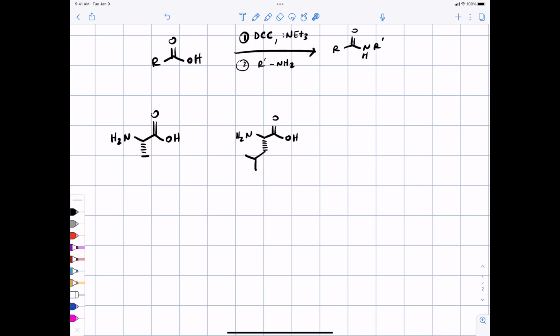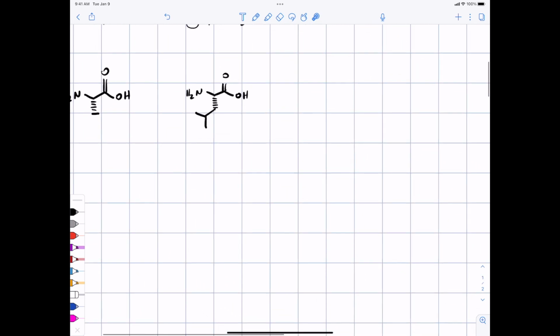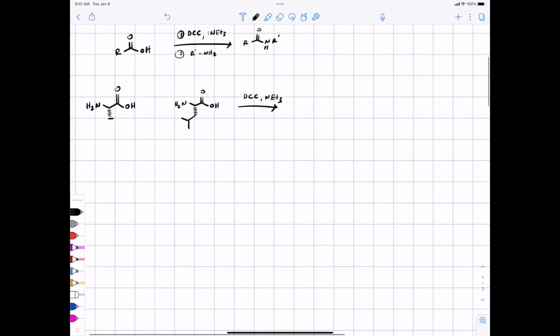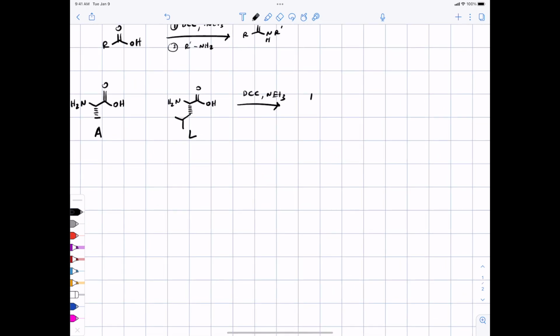Both of them have carboxylic acids. Both of them have amines. So if we just add DCC and a base, we run the risk of getting, and this is alanine and this is leucine, I'm going to draw the desired alanine-leucine dipeptide.